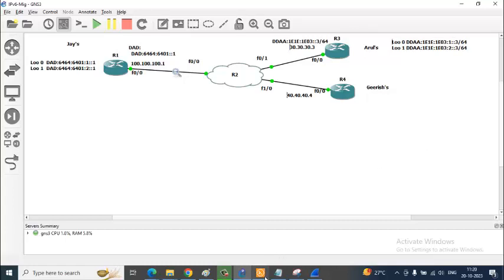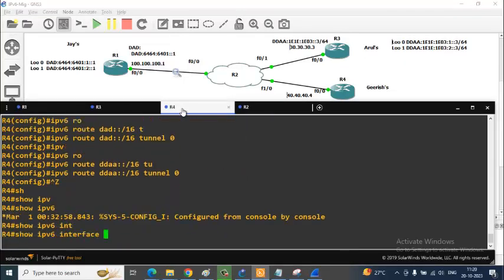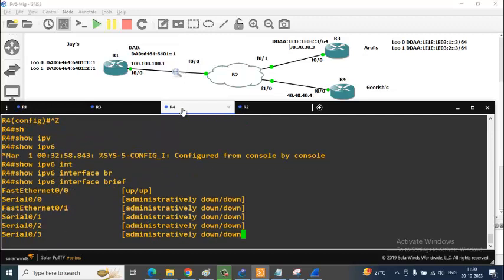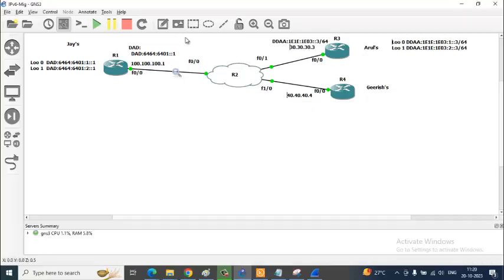Likewise, Girish. I'll copy this to the port here. On the third, /64.